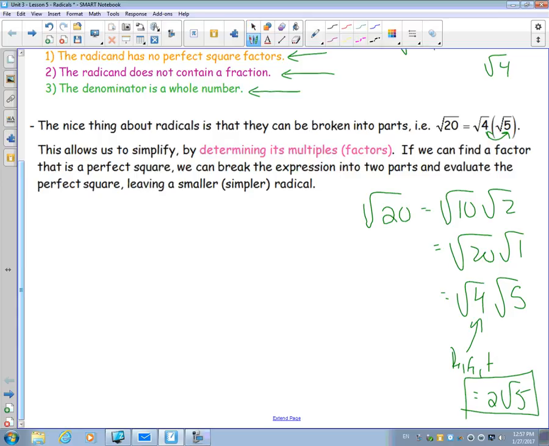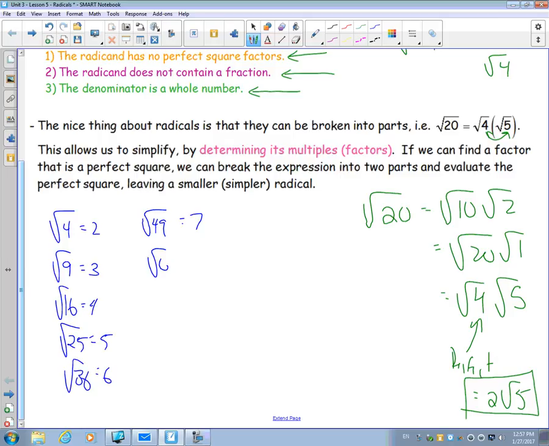So some things you might want to write down somewhere on your page, all the perfect squares. Things we can think about that break into nice whole numbers when you square root them. 2, 3, 4, 5, 6, 7, 8, 9, 10, 11.